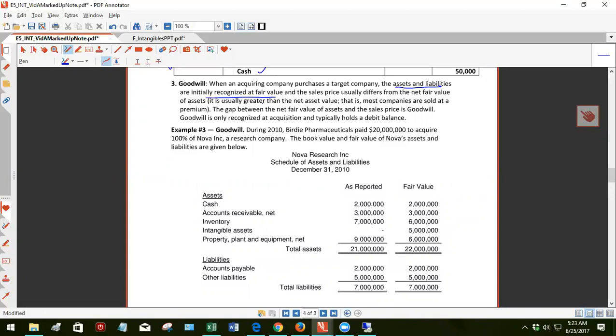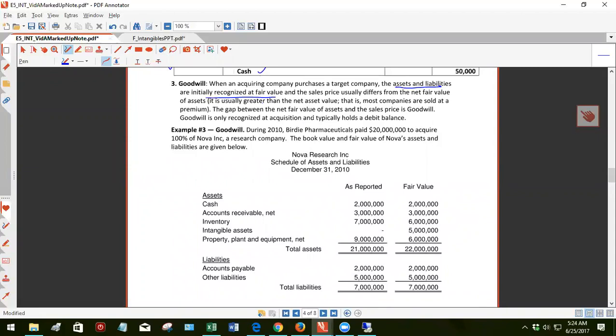So they're not recording the book value that the target company has. That is not relevant. What's relevant is the fair value of all the assets and all the liabilities as if they purchased every single asset and took on every liability on the date of acquisition.